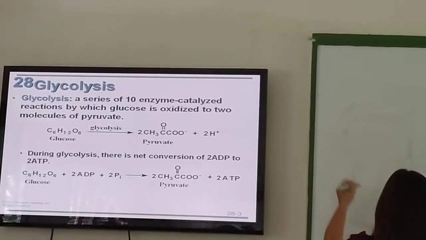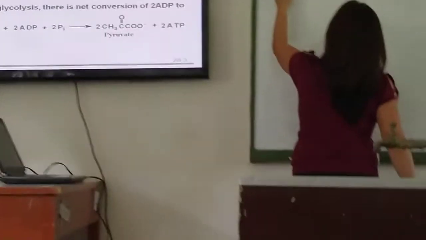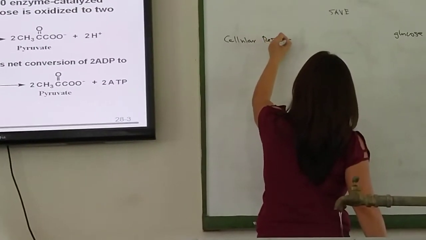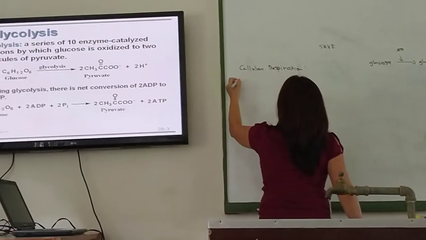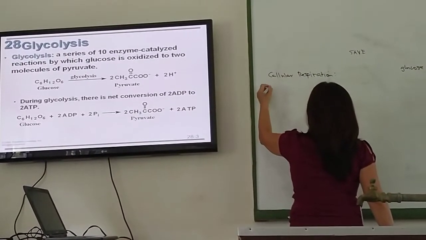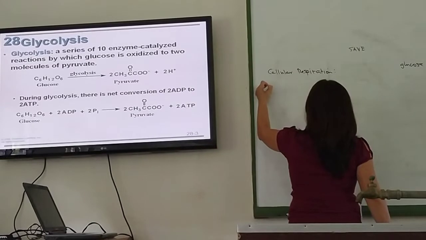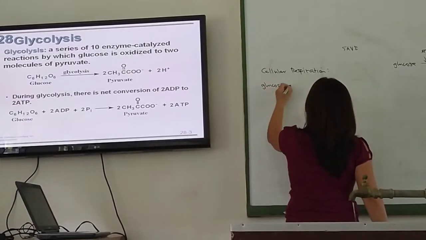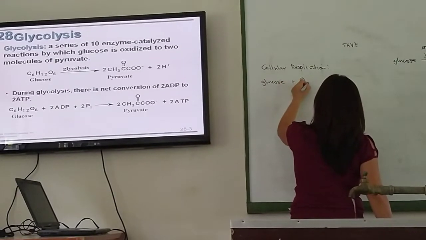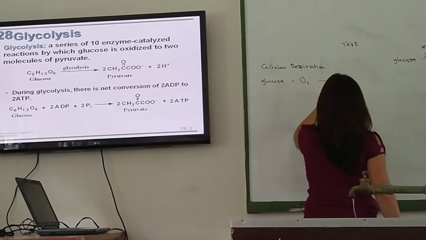Phosphorylation. So you have here cellular respiration, which has this formula. You have, of course, glucose. These are the raw materials plus oxygen, and this will give you ATPs plus carbon dioxide plus water.